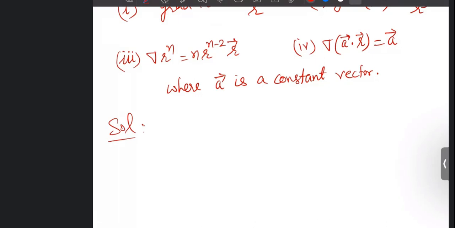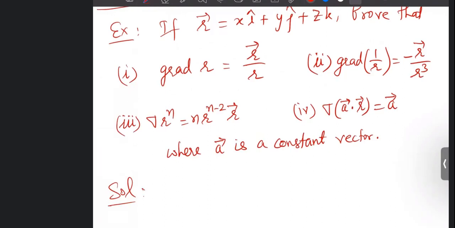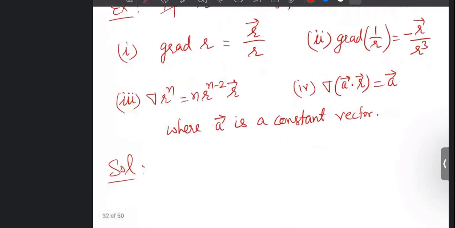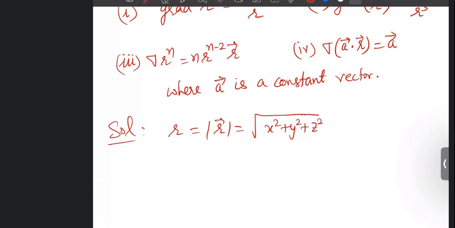First, we find the gradient of r, or simply the derivative of this r with respect to x, y, z. Then we consider them one by one. We have given vector r, and the magnitude of this r is equal to the square root of x square plus y square plus z square. This implies r square is equal to x square plus y square plus z square.